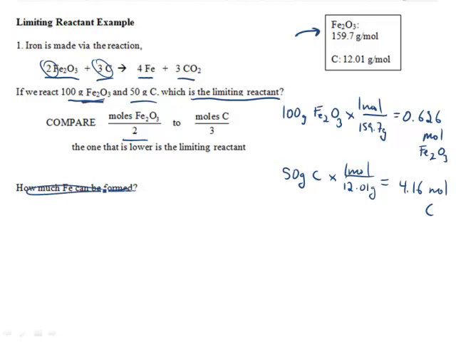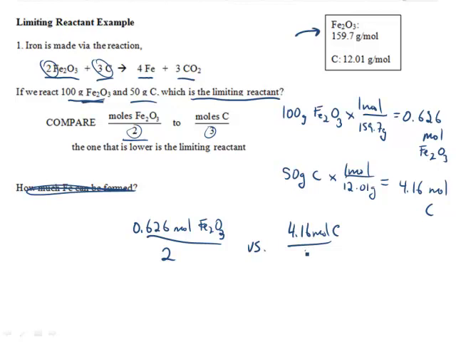Then you take each of those and divide them by their stoichiometric coefficients. So we're going to take 0.626 moles of iron oxide divided by 2, versus 4.16 moles of carbon divided by its stoichiometric coefficient, which is 3. The iron oxide comes out to 0.313.